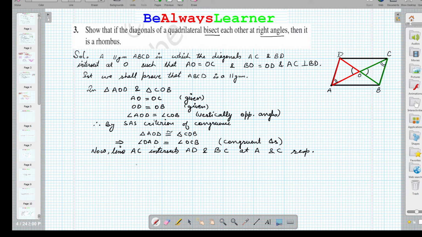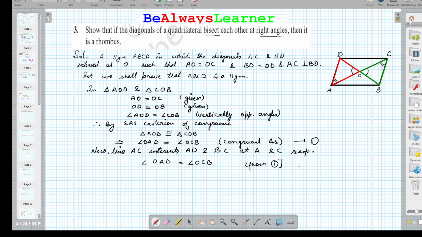So we can write, from equation 1, the angle OAD is equal to angle OCB.